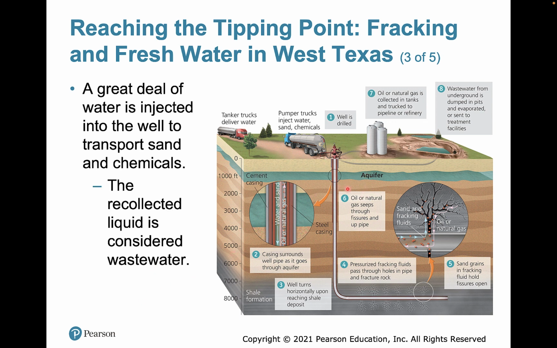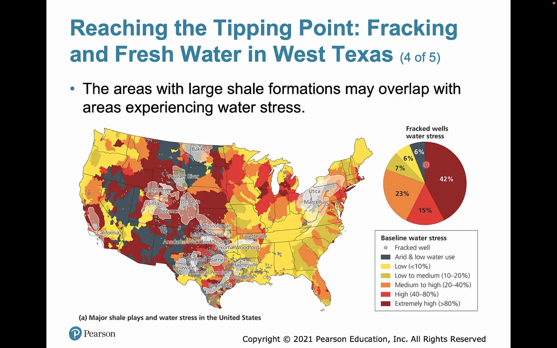There's a lot of water that is injected into the well, and the water that comes back up is wastewater. It's full of sand and chemicals that don't have to be disclosed, and it's evaporated from these pits, or it's sent to treatment facilities.